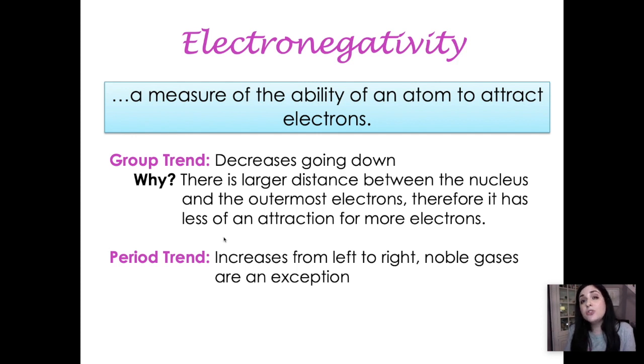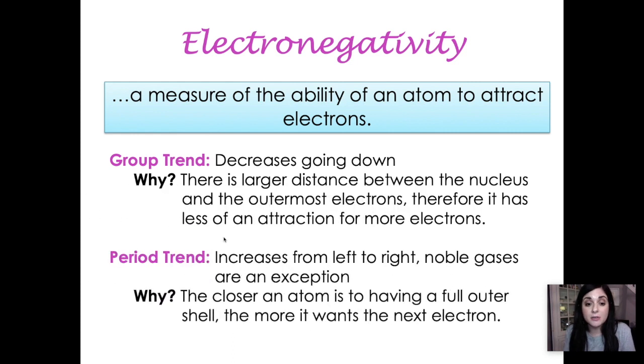So your most reactive elements, or your most electronegative elements, are your halogens, actually. And that's because, again, the closer that nucleus is to that outermost shell, the more it's able to attract an electron.